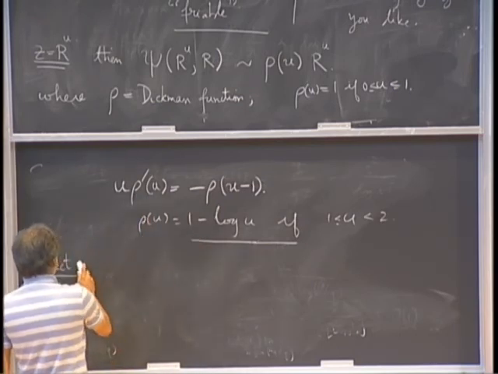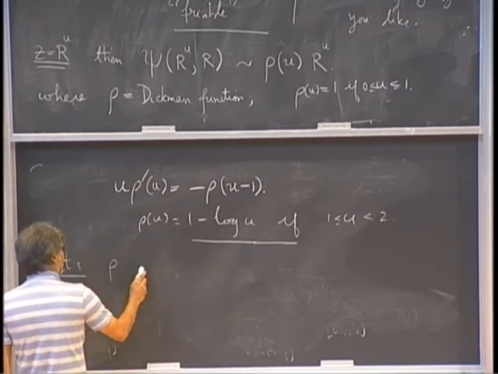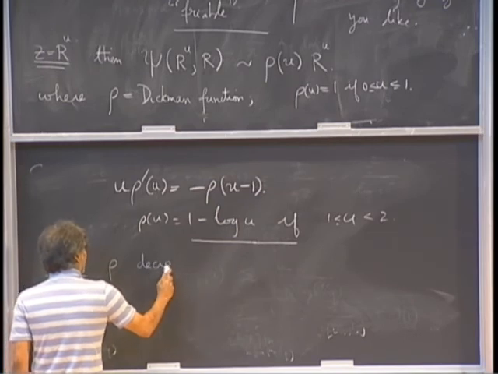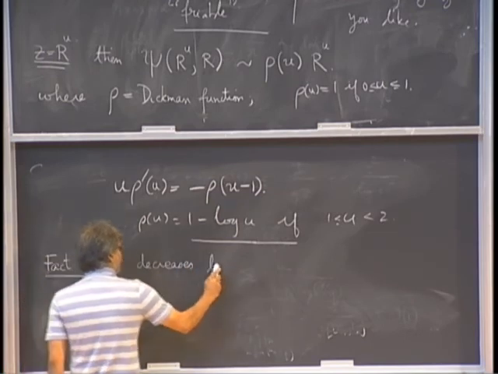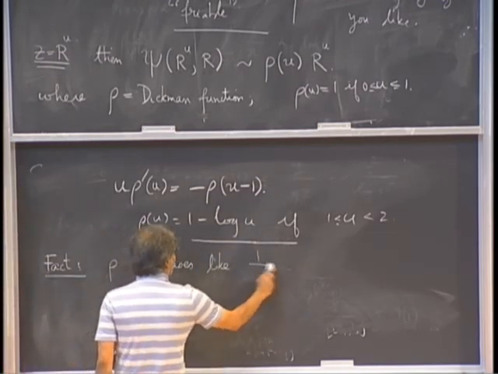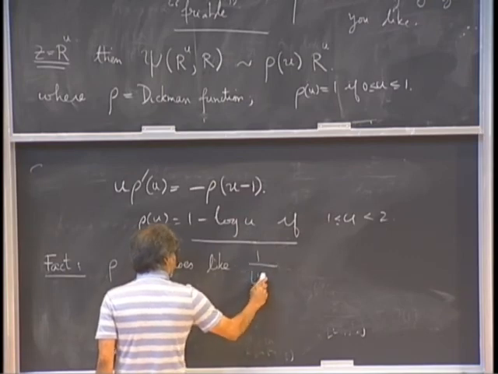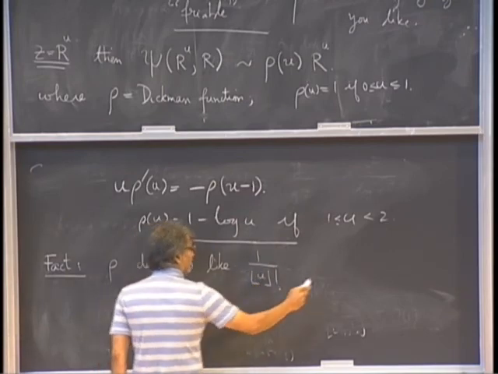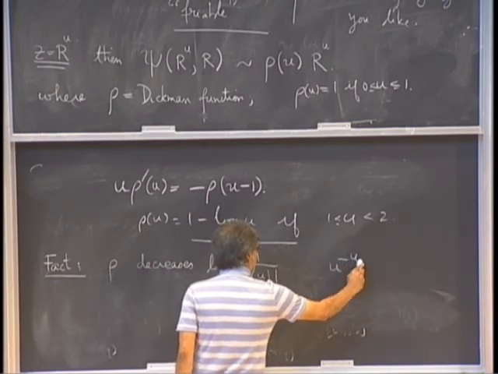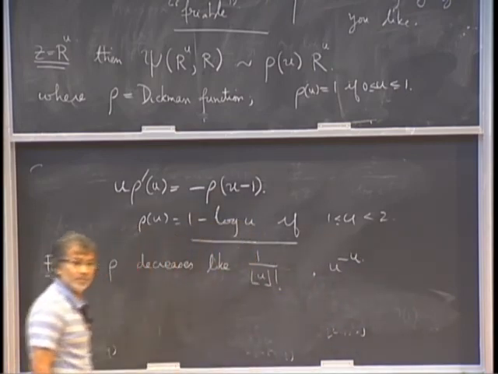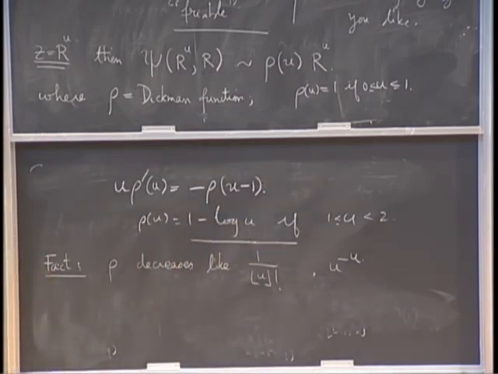From these relations, you can prove that this Dickman function rho decreases extremely rapidly. It decreases like 1 over u factorial, so like u to the minus u. So it decreases extremely fast, but still it is a constant times r to the u.